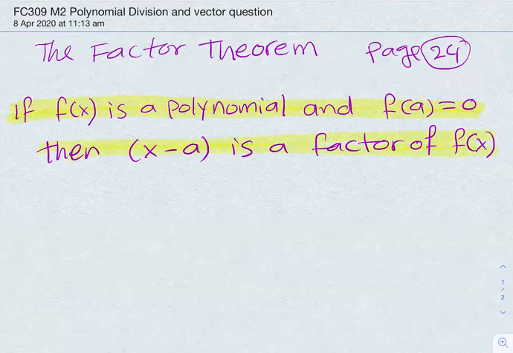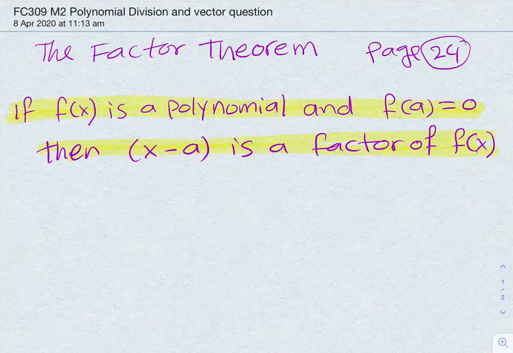So that means, for example, to show if something is a factor or not. So show that 2x plus 1. Use the factor theorem to show that it is a factor. Right, that's exercise 4.3.